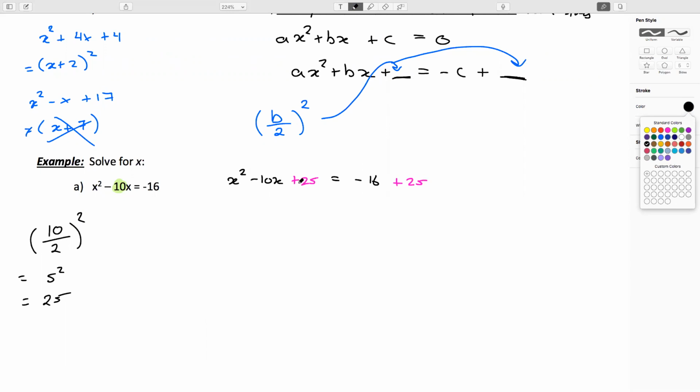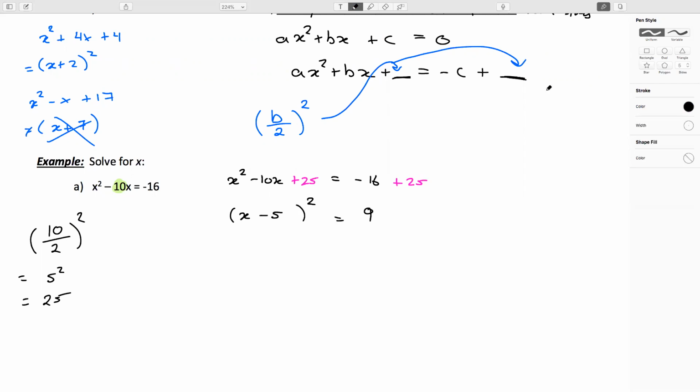This will factor into x minus 5 squared. I know it's minus 5 because the middle term is negative 10. If it was plus 5, it would be plus 10. And the right-hand side is going to, well, 25 minus 16 leaves us with 7. Or sorry, leaves us with 9.